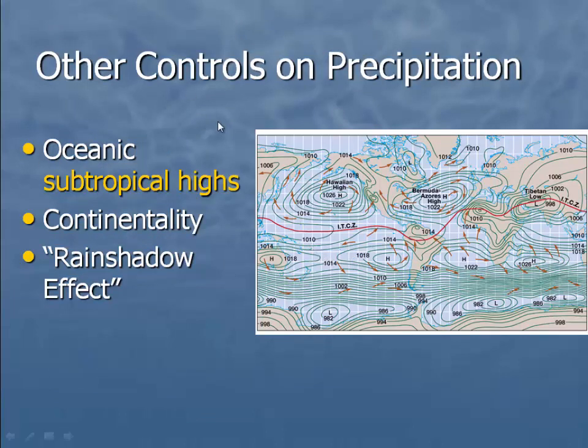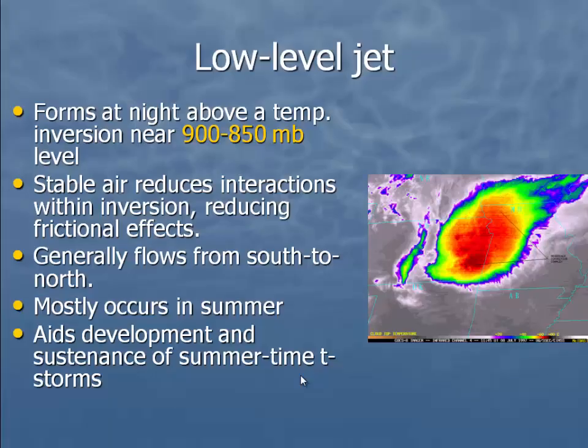Most of the controls on precipitation, again, are just these broad subtropical areas of high pressure and the broad areas of cyclonic activity or low pressure systems. Couple that with the topography that we talked about, the rain shadow effect of parcels going up and over mountains, and you can basically determine or govern where areas are going to receive a lot of precipitation versus those that are not.